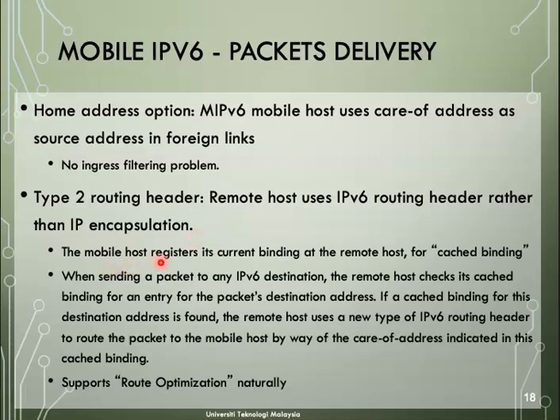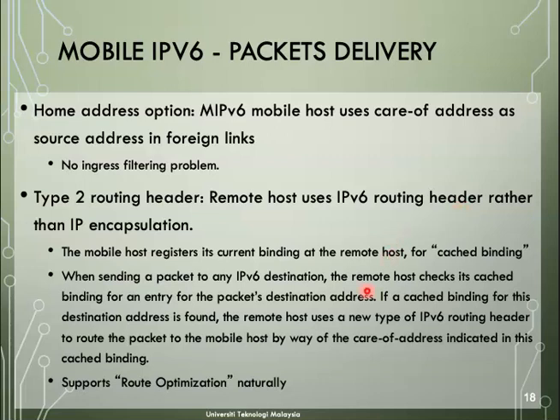And the mobile host registers its current binding at the remote host for cached binding. Cached binding means a process to associate its home address with its care of address. This cache is maintained by home agents and also by the remote host.